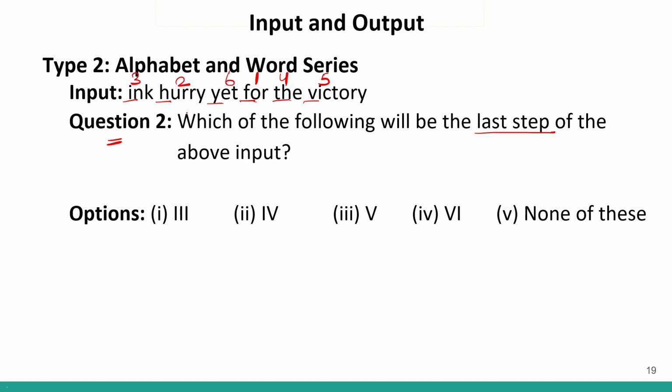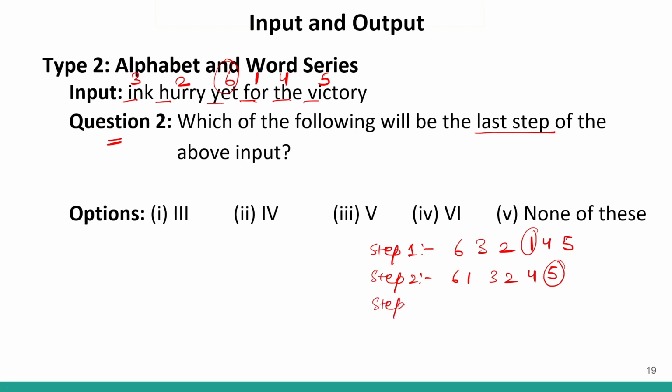So now we have to find out in how many steps we will get the final arrangement. Step 1 will be taking the biggest number to the left hand. So it will become 6 and 3, 2, 1, 4, 5. Same sequence. Then we will take the smallest number to the left hand. So step 2 will be 6, 1, 3, 2, 4, 5. Correct? Then we will again take the largest one, which is 5.